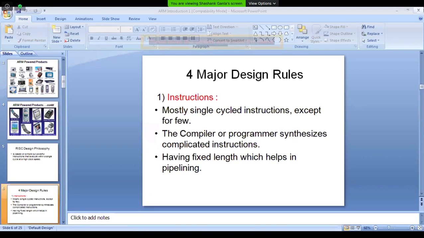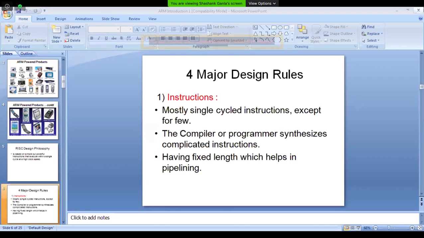This is also a major design rule which has to be kept in mind, that instructions are mostly single cycle and very few instructions will take more than one clock cycle, and it is the responsibility of the designer of the C compiler for the CPU to synthesize complicated instructions.